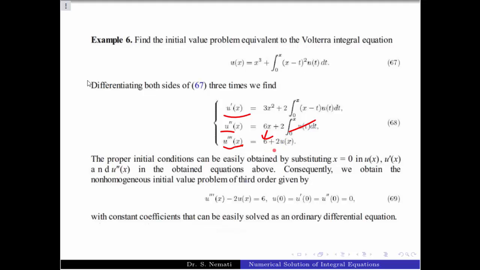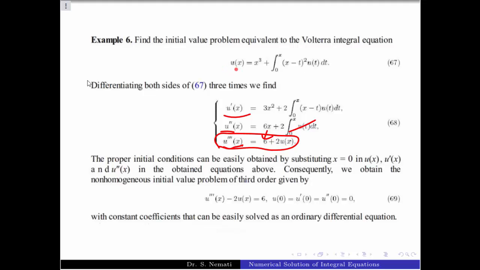So we have 6 plus 2 times u of x. This is the differential equation equivalent to our Volterra integral equation, but to have the initial value problem, we need 3 initial conditions.